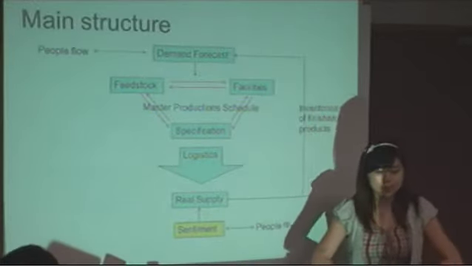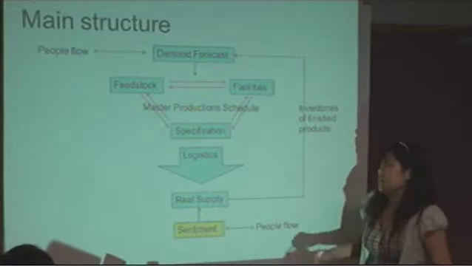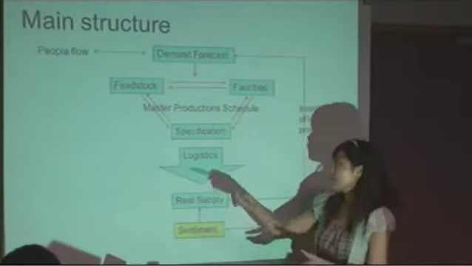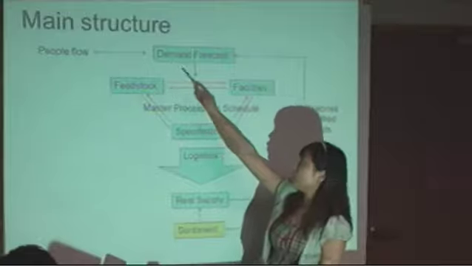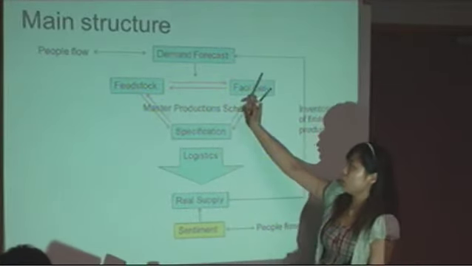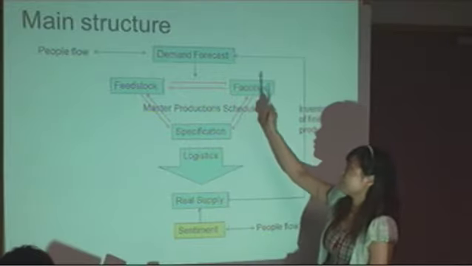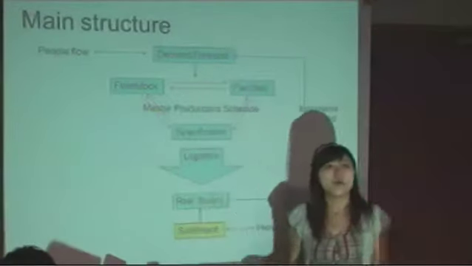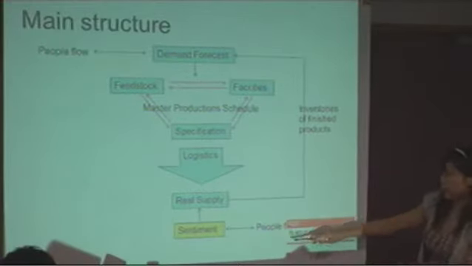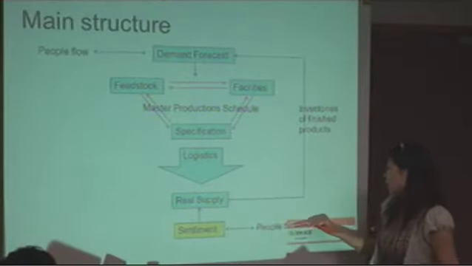And for this one, the main structure. This is the interface where I want to put the two flows together. The people flow, from which we can get the demand forecast. We get the data from it, and from this, the sentiment.